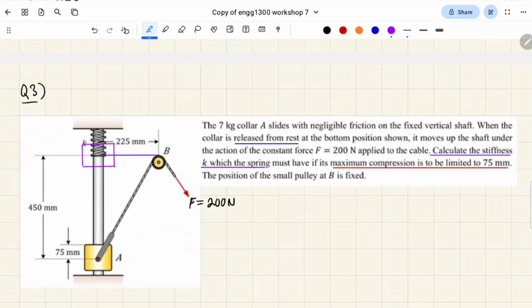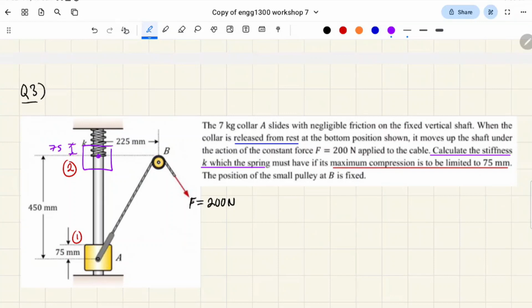Because what happens is once we get here, do you see where this pulley, it just happens to be that when the string is horizontal, that's the height that we're given from the center of the slider. So that will be our second state, which I'll call 2. And I'll call this original state 1. And that happens to also be 75 here.